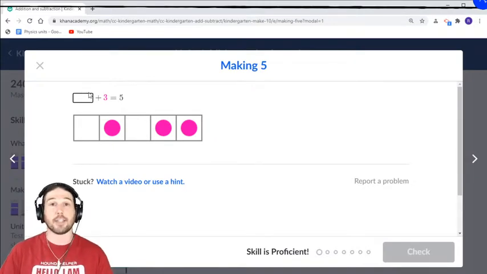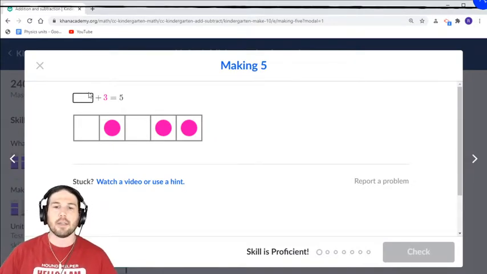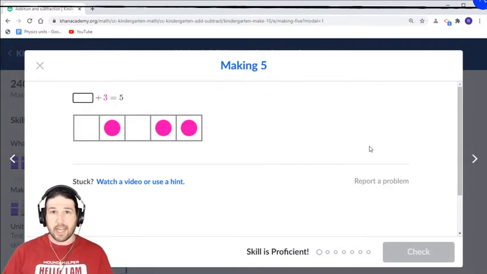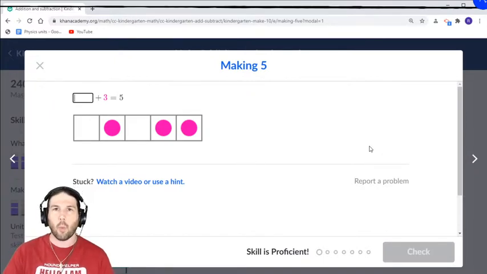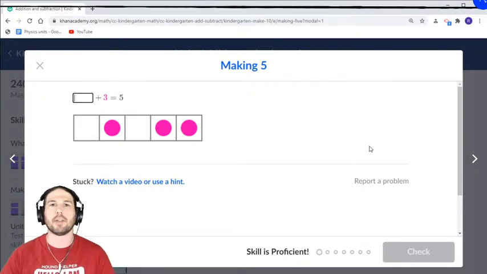What number do I add to 3 to get 5? And what am I really asking here? I'm going to ask you to take a moment and think about not only what is the answer, but why did you get the answer you got? I know it's 2, but how did you get that?